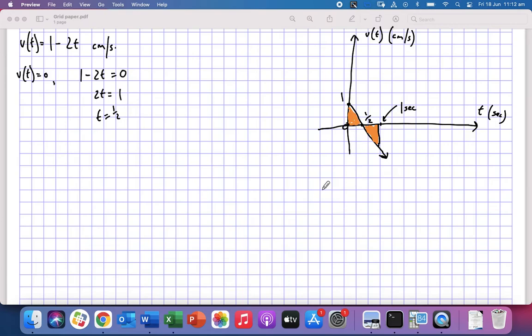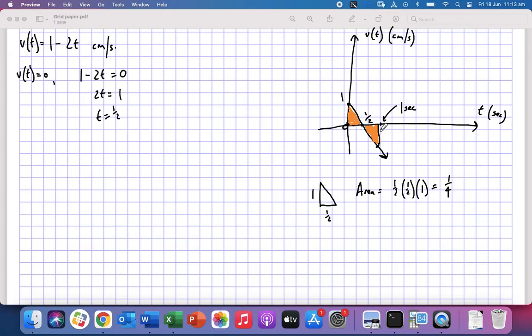Area equals a half times the base length, which is also a half, times the height of 1. So the area is a quarter. That area is a quarter, and that area is a quarter, which means we'll be minus a quarter, right?